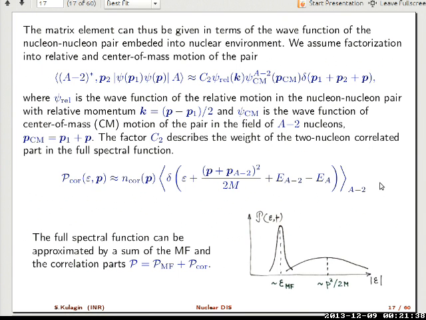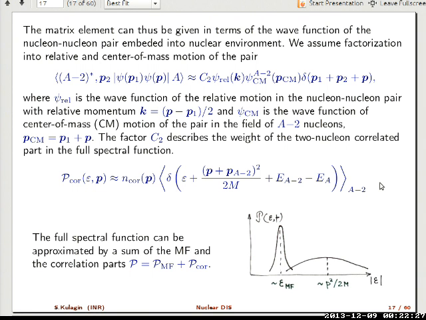So I will model the rest of that sum by a two-nucleon contribution with some normalization constant, which I don't know but we'll try to fix from data, and some wave functions of that pair: one which describes the relative motion of two nucleons and the center of mass motion of the residual system.